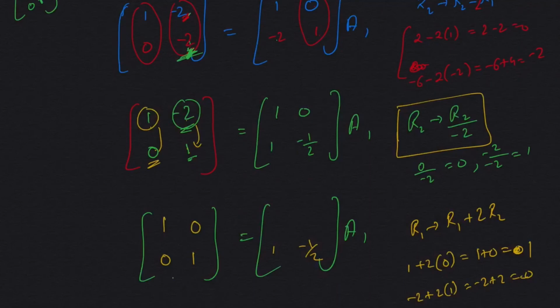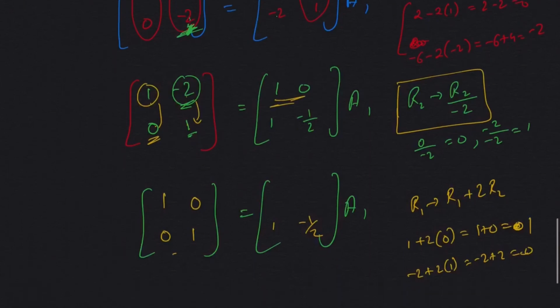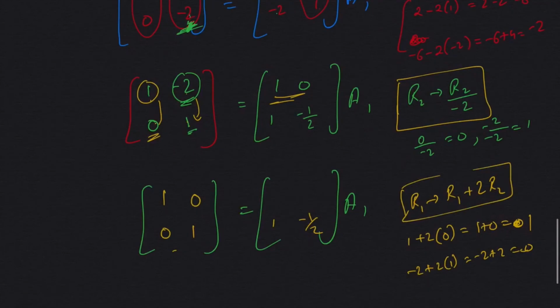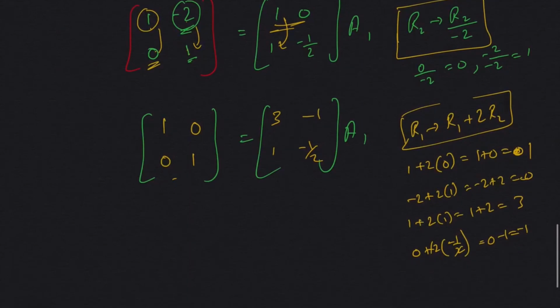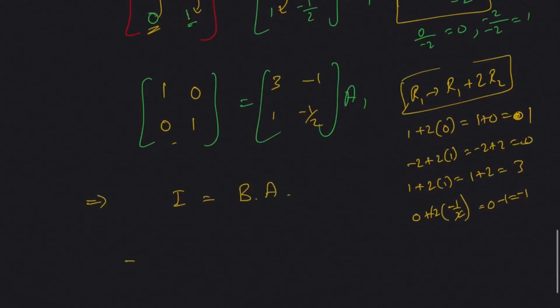So we see that this is complete, it will be complete. 1 plus 2 times of 1, 1 plus 2 is 3, and 0 plus 2 times of minus 1 by 2, 0 minus 1 is minus 1. So this is in the form of I equal to another matrix into A, which implies B will be our inverse of the given matrix: 3, minus 1, 1, minus 1 by 2.